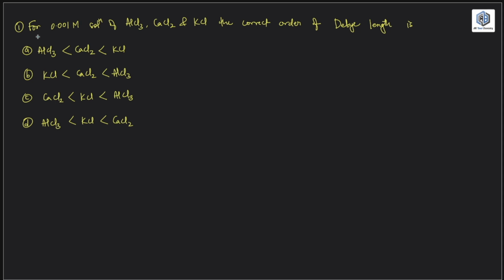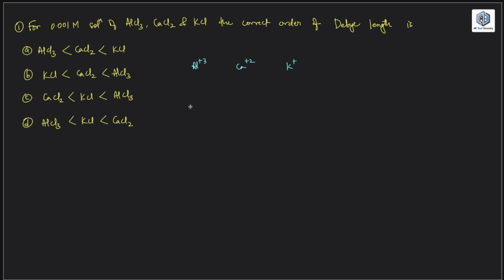It was asked that for 0.001 molar solution of AlCl3, CaCl2 and KCl, the correct order of Debye length is. Now the question was from Debye length and the concentration was given to you and 3 salts are given. All have the same chloride ion, but the metal ions are different. In the first one you have aluminum in +3 state, in the other one you have calcium in +2 state, and in the other one you have potassium in +1 state.